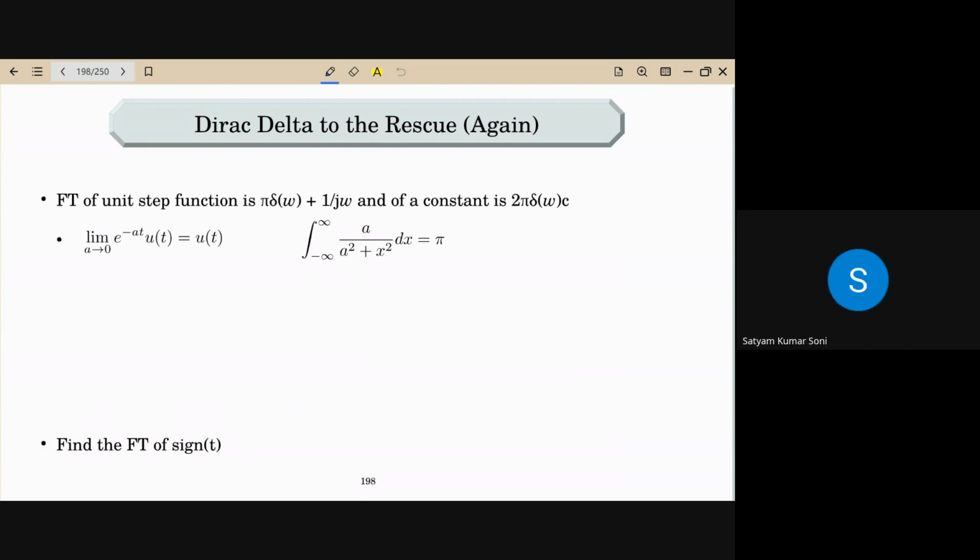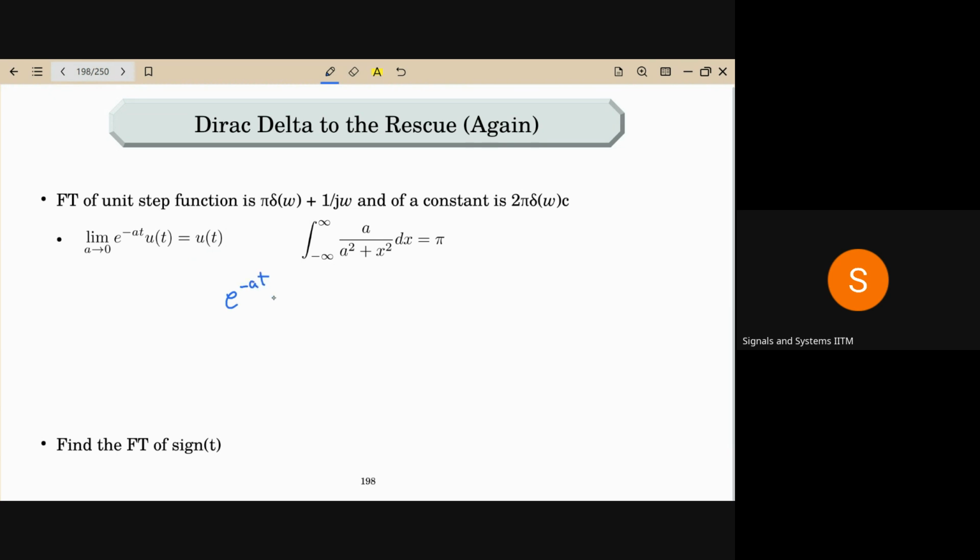Yes, sir. Okay. So we want to find the Fourier transform of the unit step function, but like I said, if you try to compute the Fourier transform directly, it does not exist because it's not absolutely integrable.